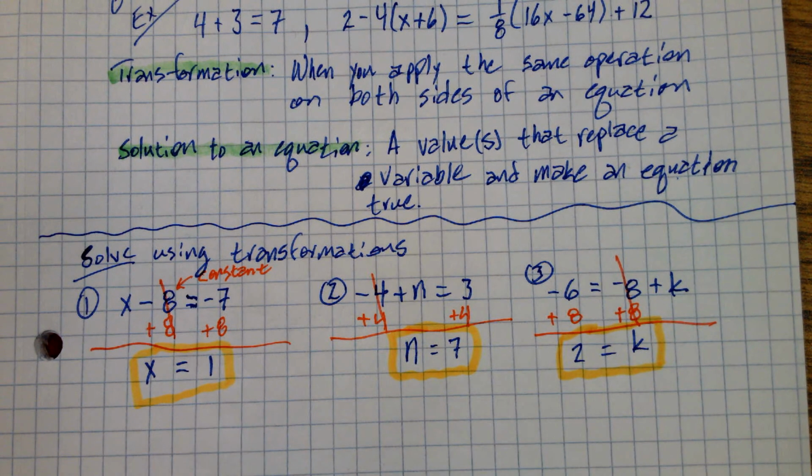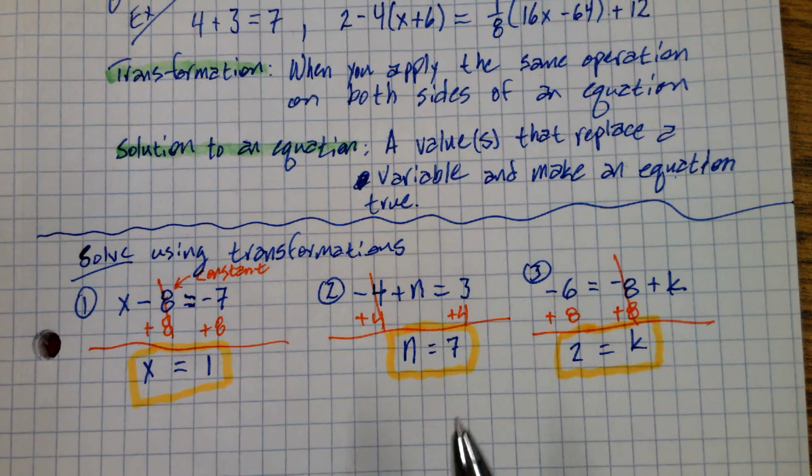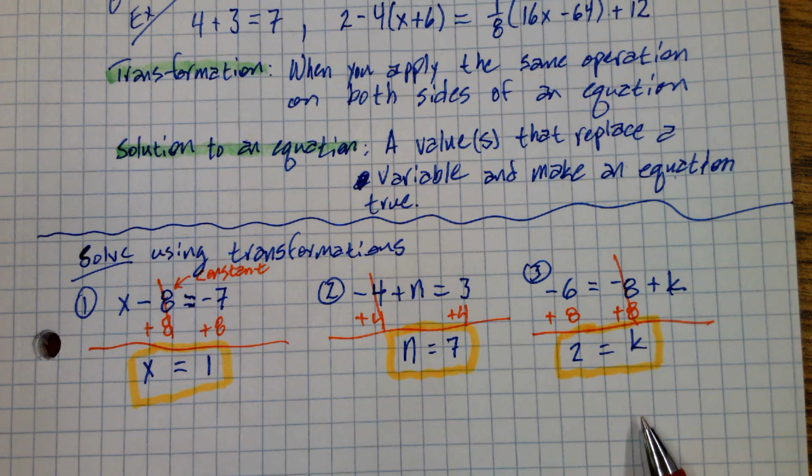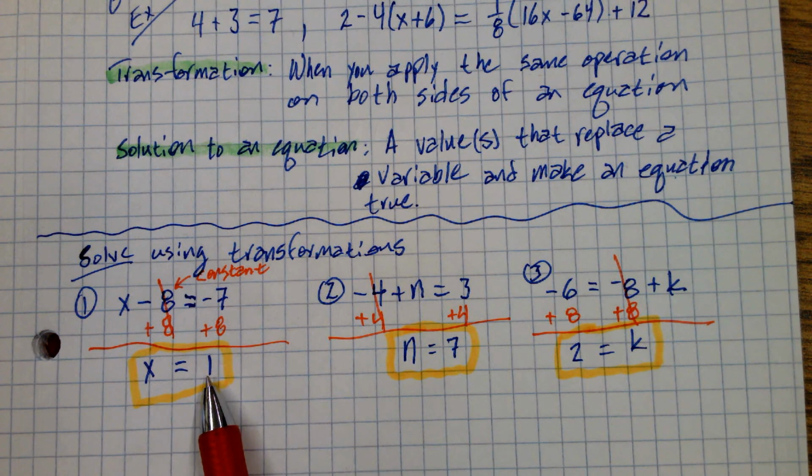And so k is, now these are solutions, right? 1, 7, 2. How can we tell they're solutions? It has the actual value of the variable, but how do I know I got it right?